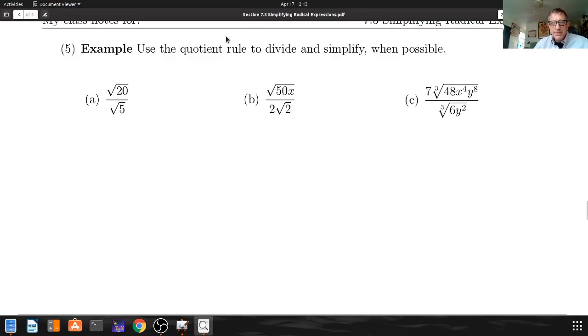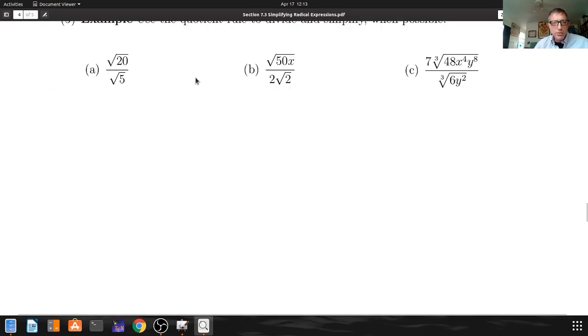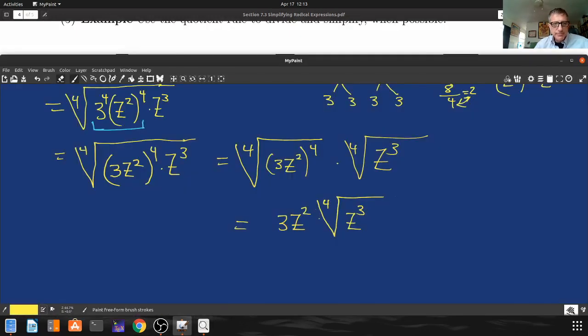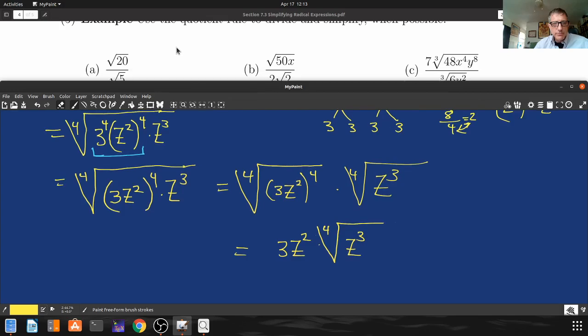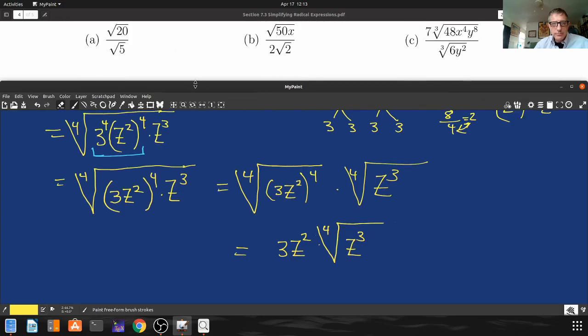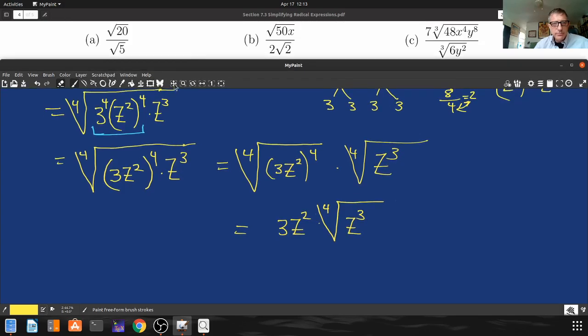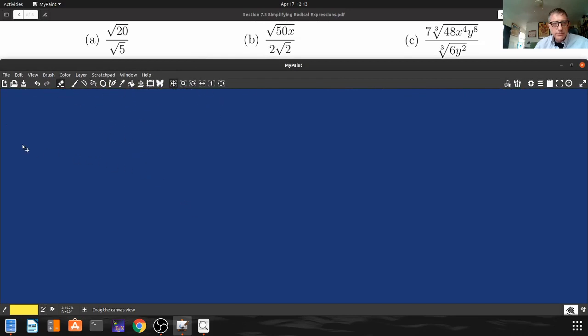So we're going to be doing the same thing, but using the quotient rule. This is example 5.